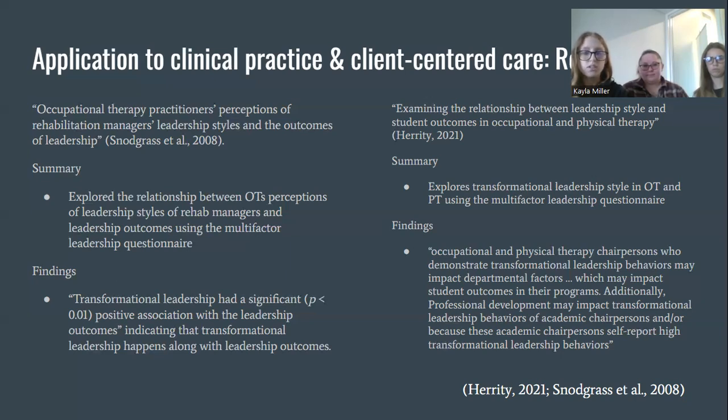Although the study doesn't really conclude that the style actually causes more leadership outcomes, there's still a significant association between the two, which reveals that it's important to have that style at times in leadership and OT practice, just because it's associated with those positive outcomes.